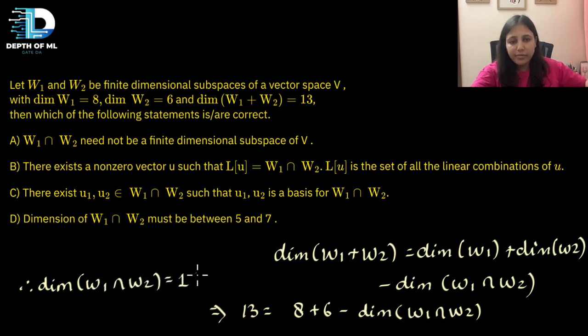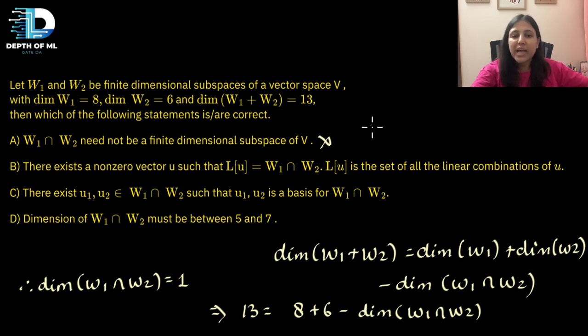Okay, now we have this information. Now let's see the options one by one and see which one of them is or are correct. W1 intersection W2 need not be a finite dimensional subspace of V. First of all, this is incorrect, because if you are taking any two finite dimensional subspaces and then taking an intersection of that, it's always going to be finite dimensional. What is the meaning of finite dimension?